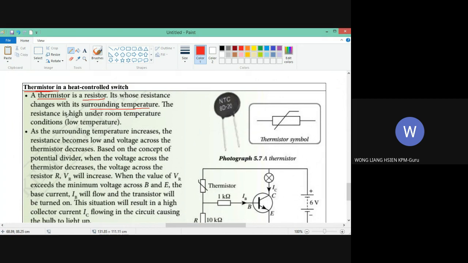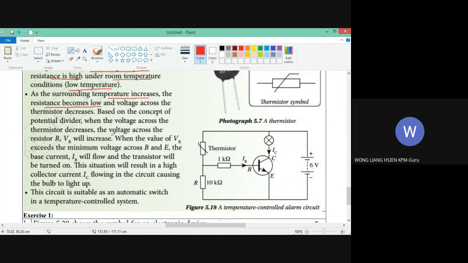The resistance is high under room temperature, that means low temperature. As the surrounding temperature increases, the resistance becomes low and the voltage across the thermistor decreases. Based on the concept of potential divider, when the voltage across the thermistor decreases, the voltage across the resistor will increase.